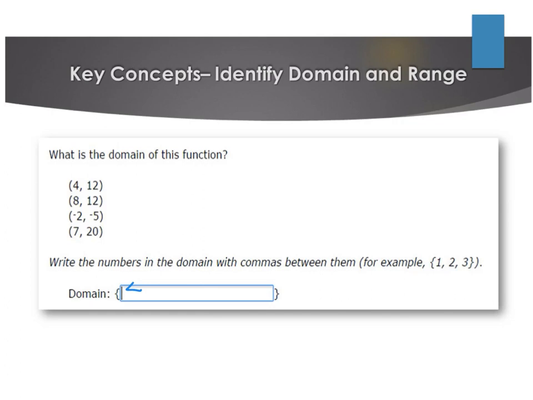Those numbers are 4, 8, -2, and 7. Those four numbers are all of the x values. When you write these in your Kia lesson, write them in the order that you see them and put a comma between them.